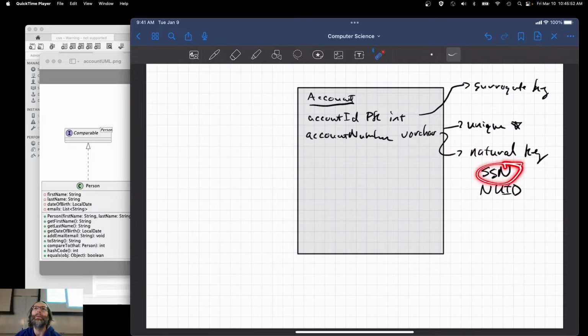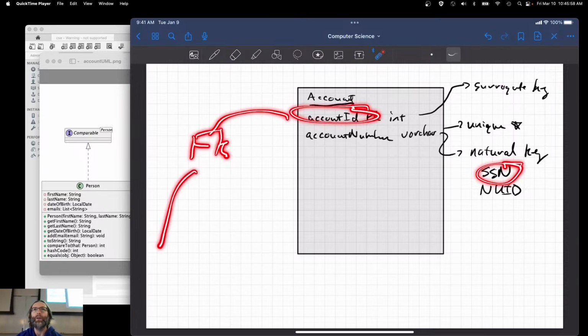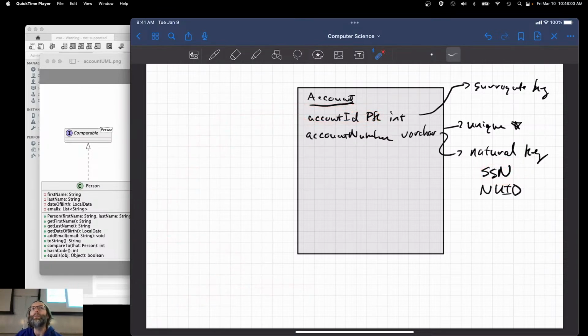That Social Security number is wrong. If we use that as our primary key and our foreign key over here to this table and another table and another table, and by the time we're done, we've got a dozen tables that refer to this one invalid wrong value. That means that when they inform us that we need to fix it, that means fixing every record in every table in our entire database.